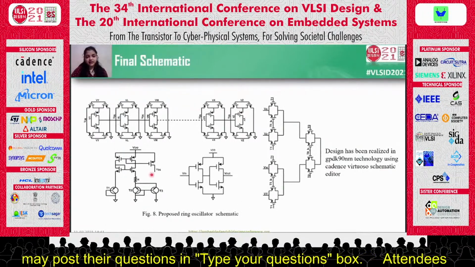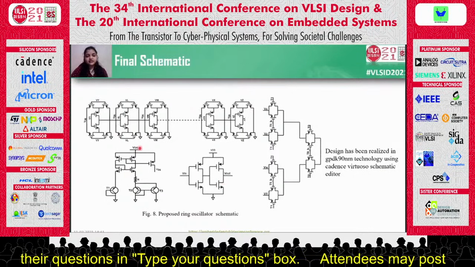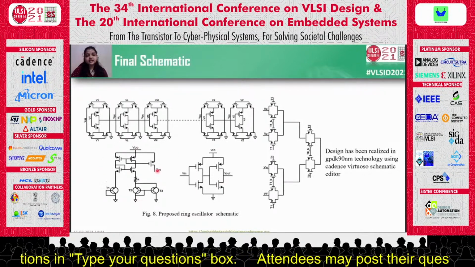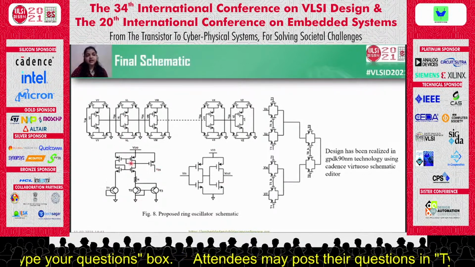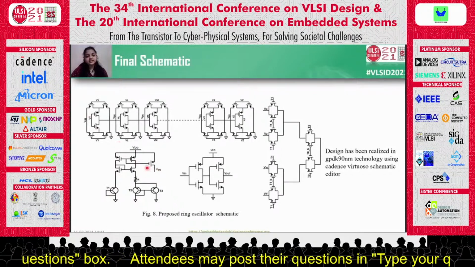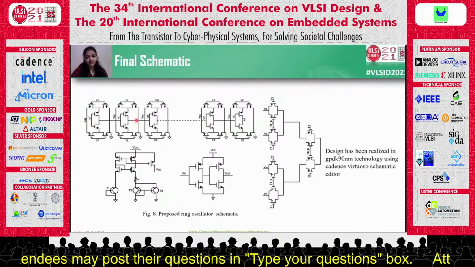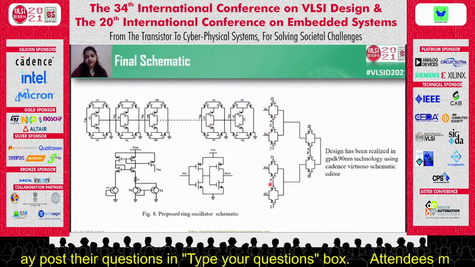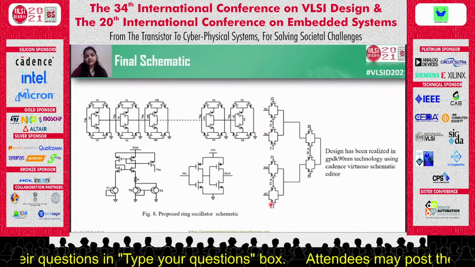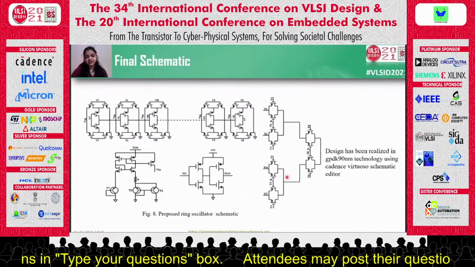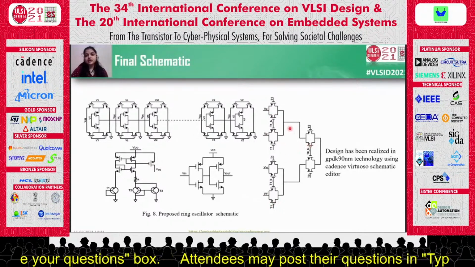Here is the final schematic of the proposed architecture. This is the voltage biasing circuit. The supply to the stacked inverter chain is the output of the PTAT circuit, and here the multi-feedback lines are fed to the mux across different corners, and it is controlled by the trim bits T0, T1 and T2.